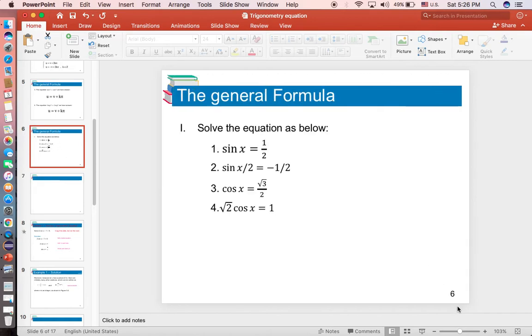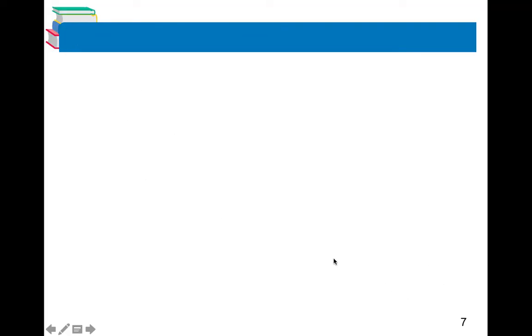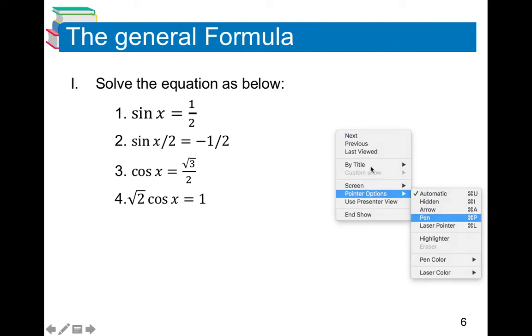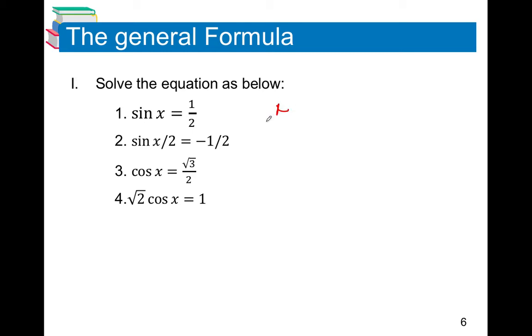For this I can write now. Before, our answer is h over 2 equals 7 pi over 6 plus 2k pi.